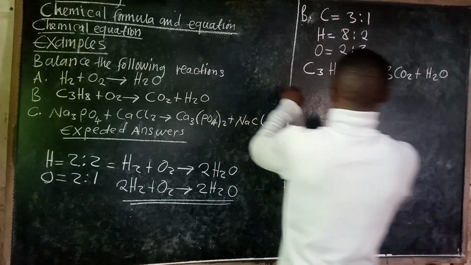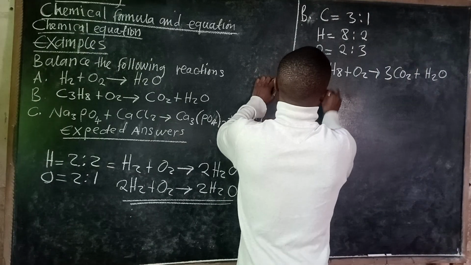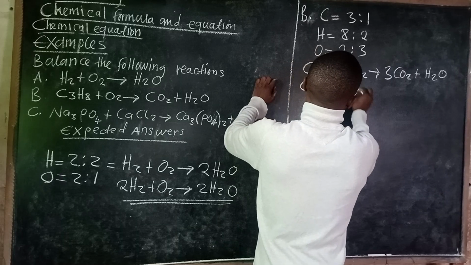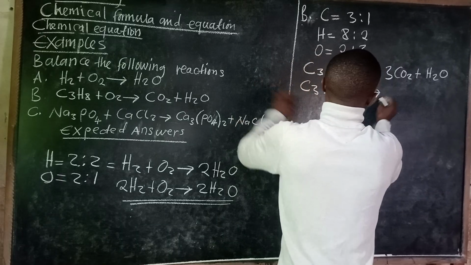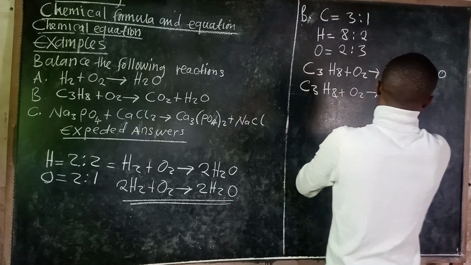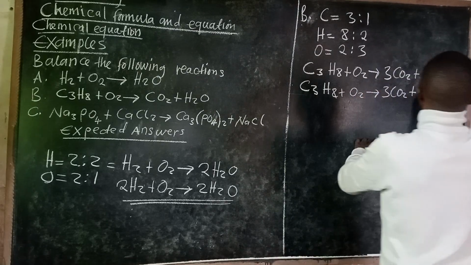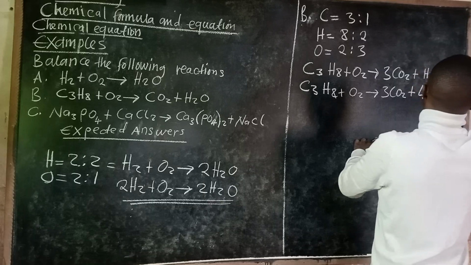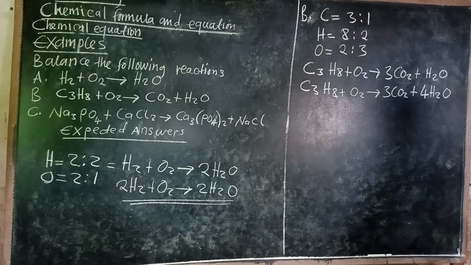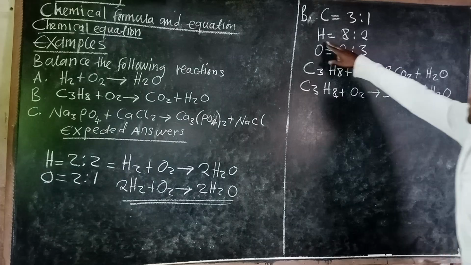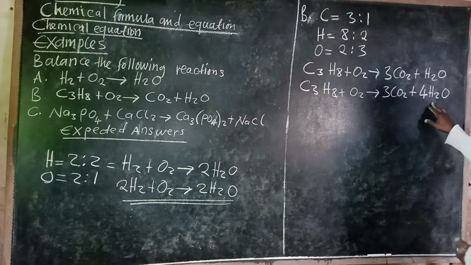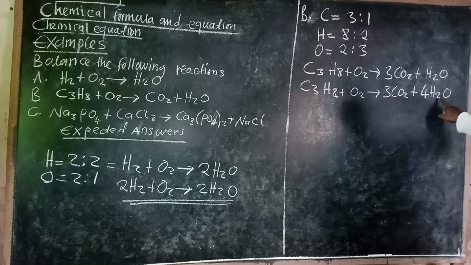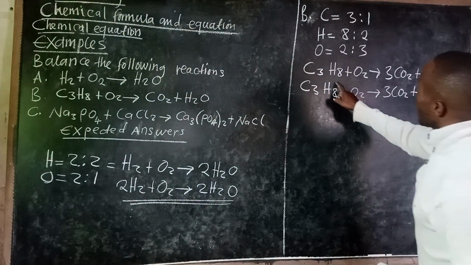So let's write 3, then C3H8 plus O2, then 3CO2, then plus 4H2O. Okay, we are trying to balance H now. Is H balanced? When you look at this, 2 times 4 is 8. So H also has been balanced.